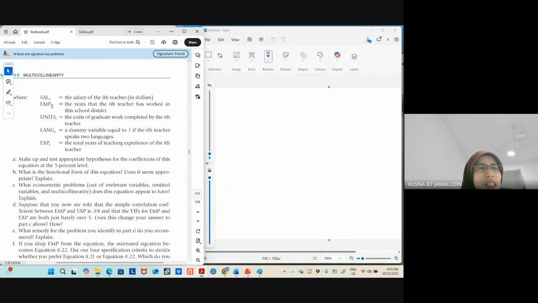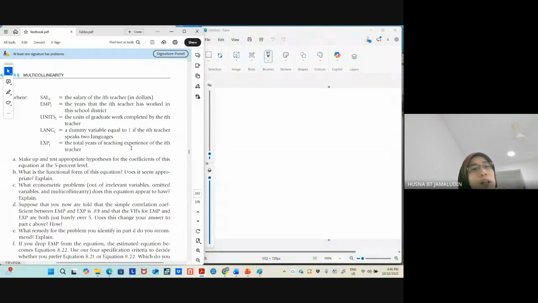Unit is the units of graduate work completed by the teacher, meaning whether they have done some training and gotten a certificate. Languages is a dummy variable equal to 1 if the teacher speaks two languages. X is teaching experience.